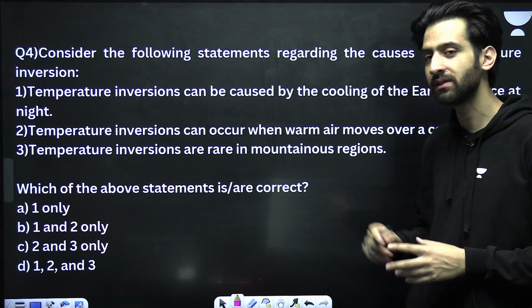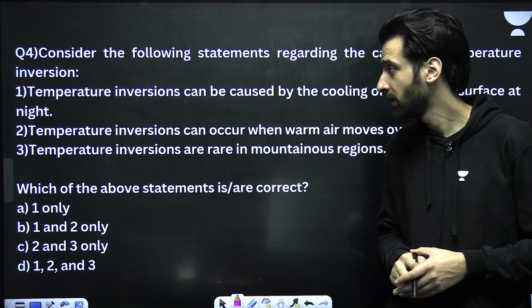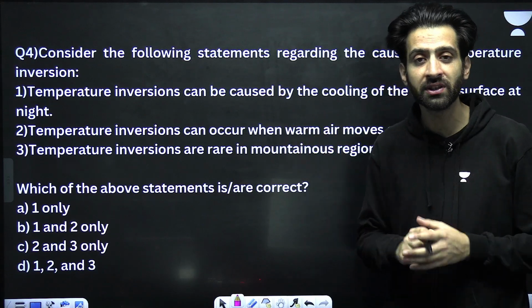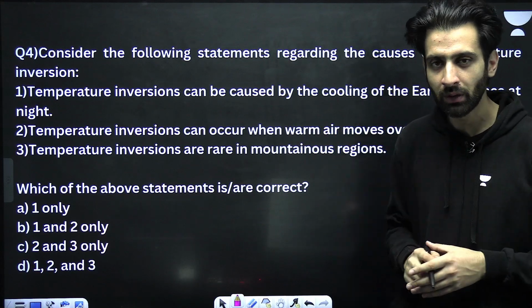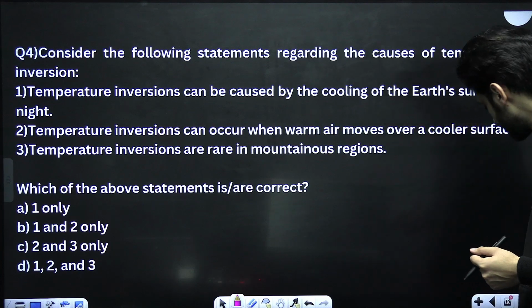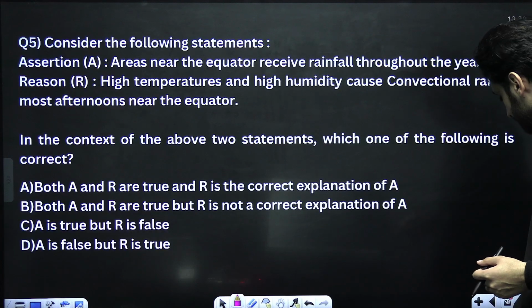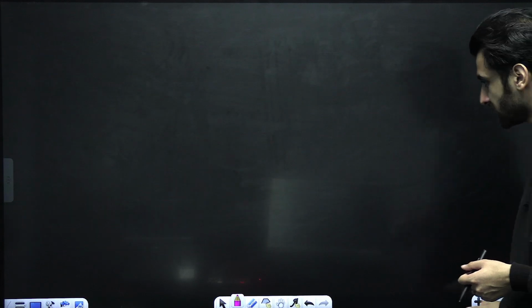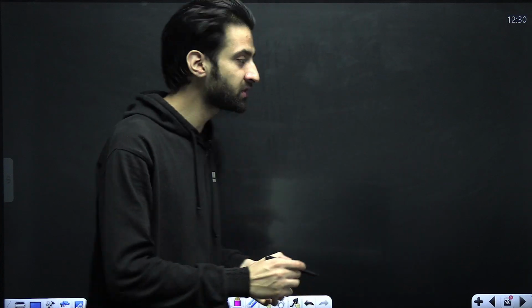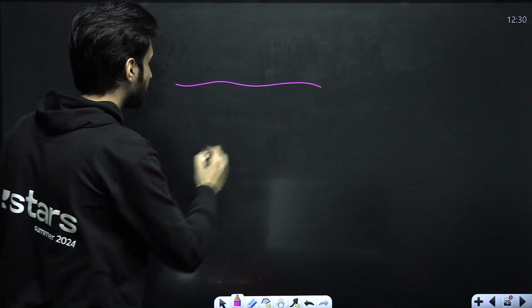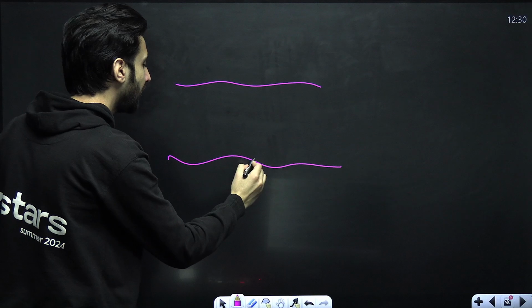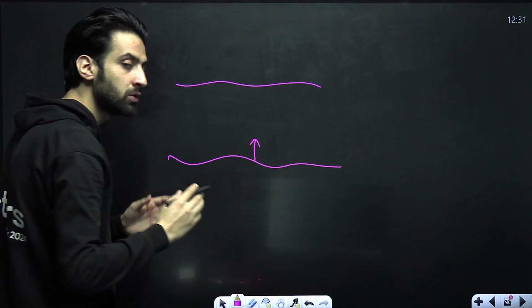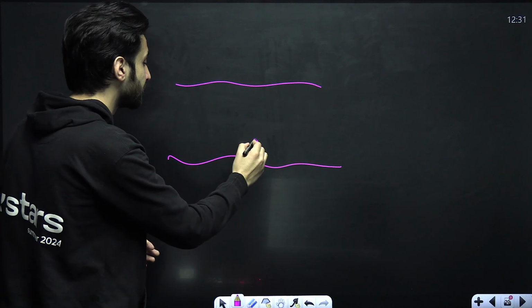So let us go to the next question. Consider the following statements. This is regarding temperature inversion. First of all, what is temperature inversion? If you know about the normal conditions, in the troposphere, the higher you go, the cooler it is.